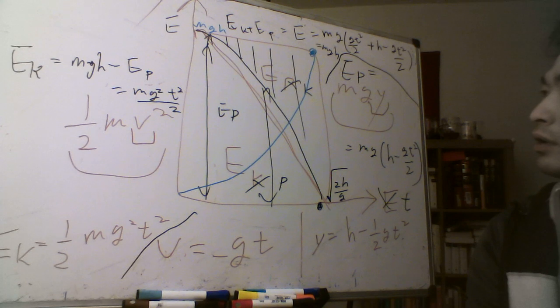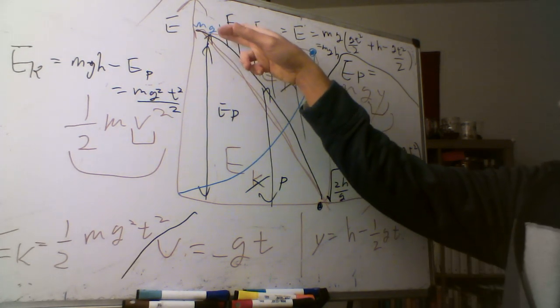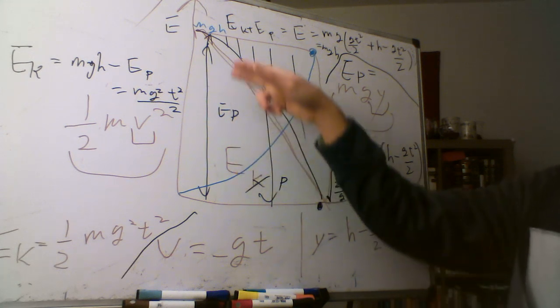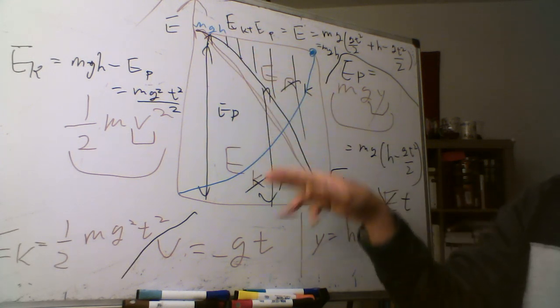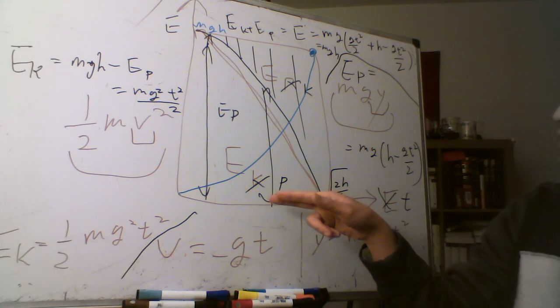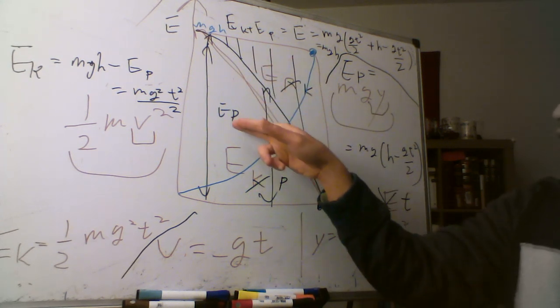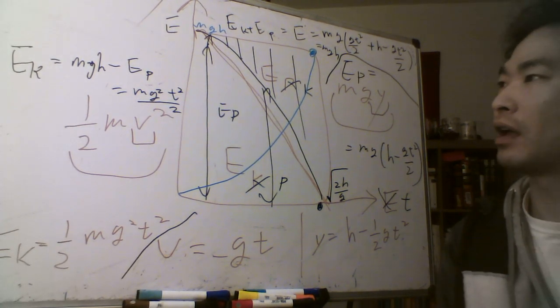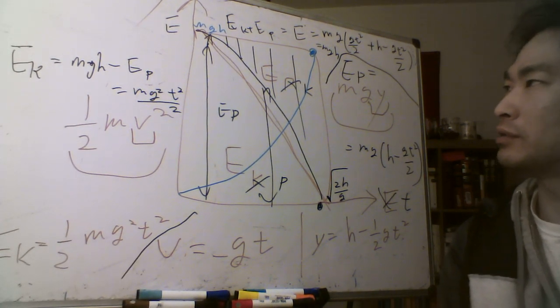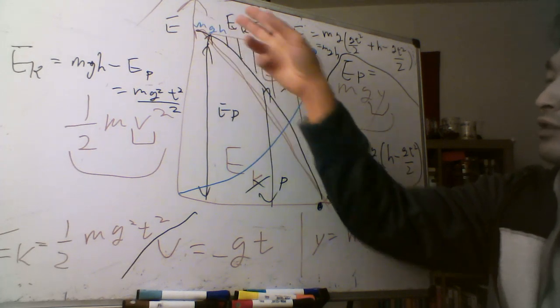The length of this line measured from the horizontal axis, that's the potential energy, EP. All right, potential energy maximum is mgh.